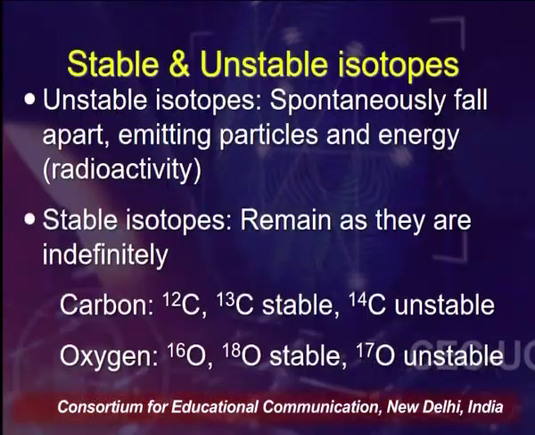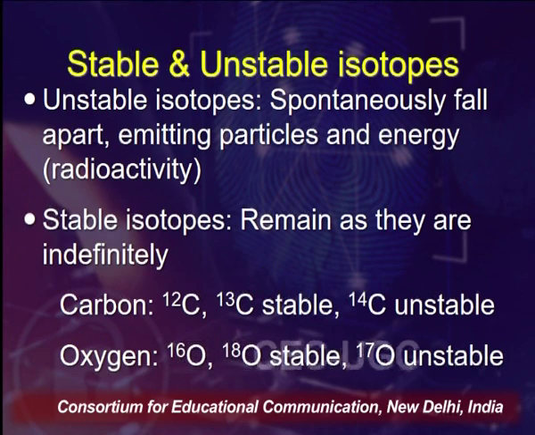So, we have unstable isotopes and stable isotopes. Unstable isotopes, we know, spontaneously fall apart and emit particles and energy, which is known as radioactivity, and they are used for various nuclear reactions. But here we are discussing the stable isotopes. What is the positive thing about these stable isotopes?